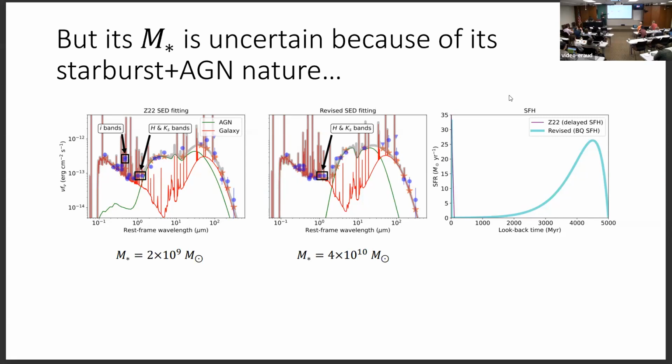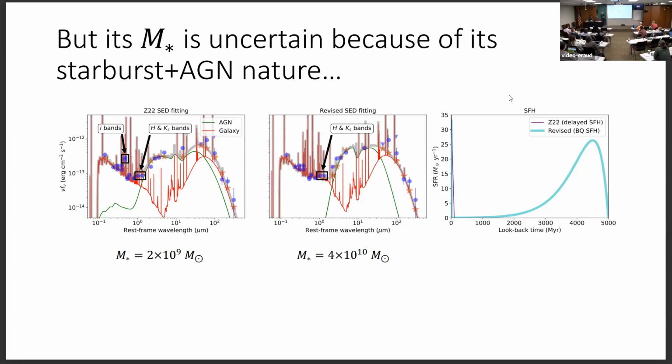I'm showing 2 kinds of SED fitting. One is from this work, one is from the previous SED work, and the middle panel is the revised SED fitting in this work. We have 2 kinds of good SED fitting results, but they have totally different star formation history, as you can see in the right panel.